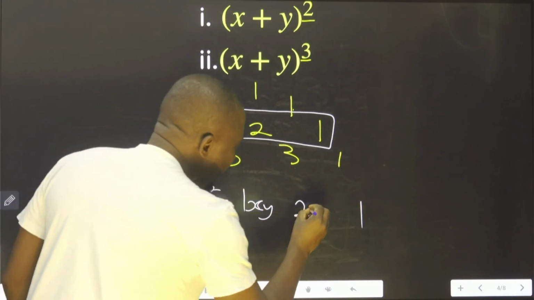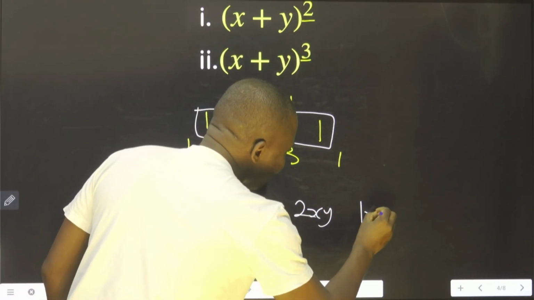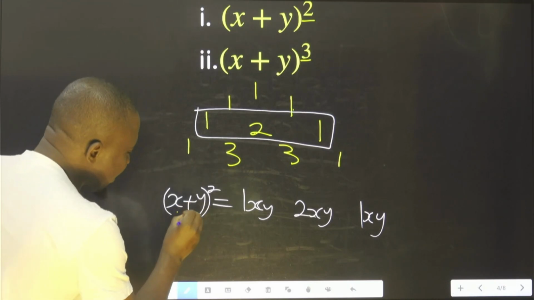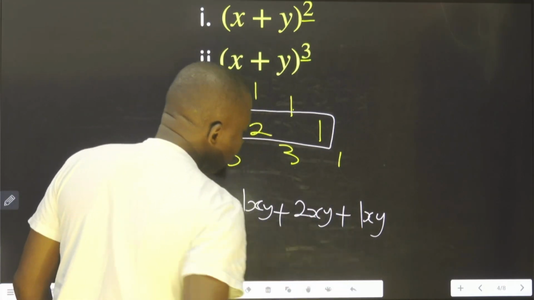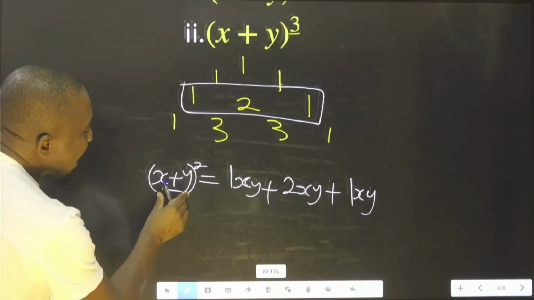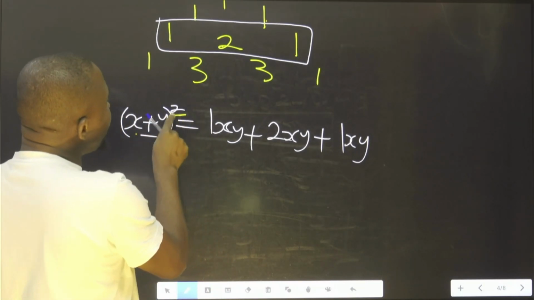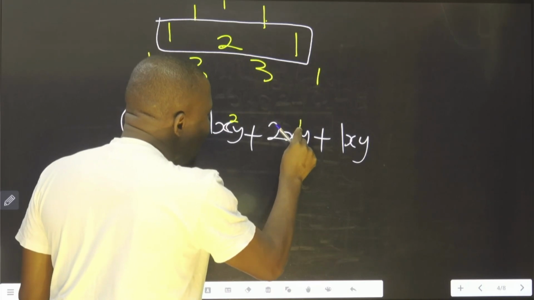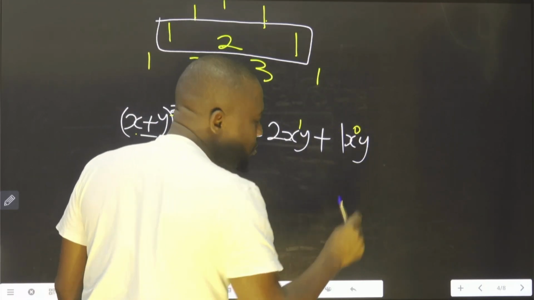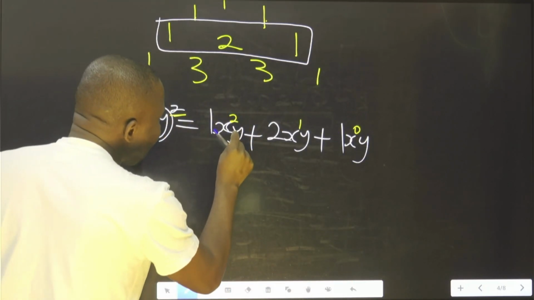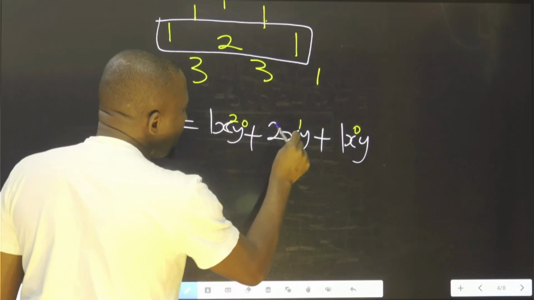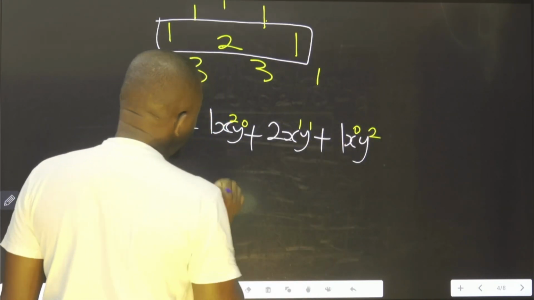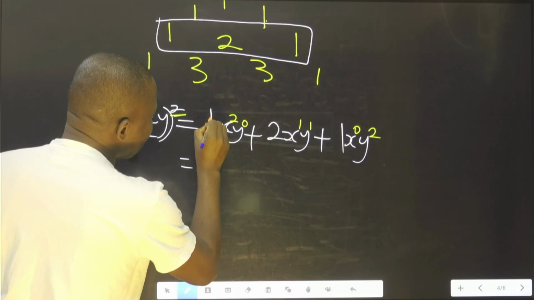Then I put the plus. Then for x now, I will put this 2 for x. That is 2. Then I reduce it to 1. I reduce it to 0. Okay? For y, I start from 0, 1, 2. That is all.